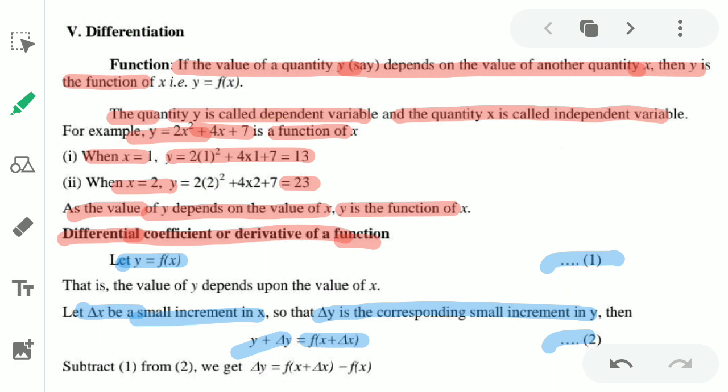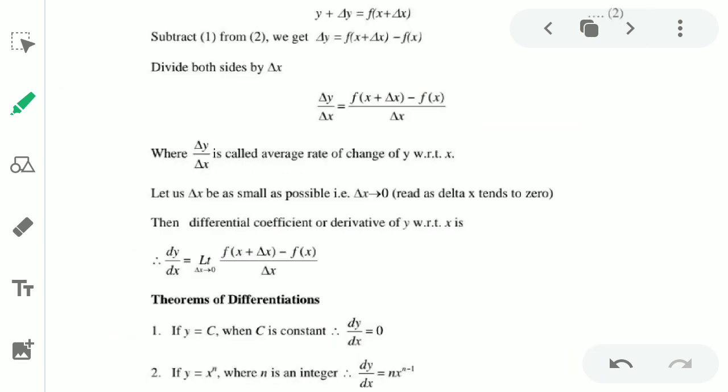Subtract equation 1 from equation 2. In that case, y plus delta y minus y, so y and y cancel and the value is delta y, which will be equal to f(x plus delta x) minus f(x). So from the subtraction of these two, we get delta y equal to this.